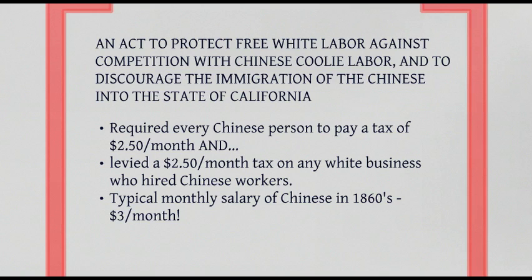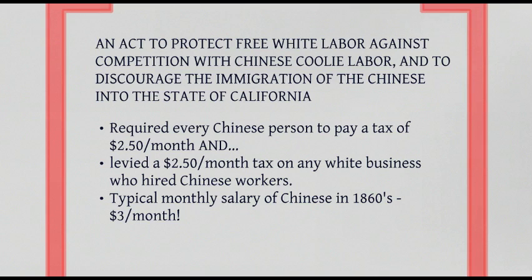So what it did, you can see here in the first 2 points, is that if you were a Chinese worker, you were forced to pay a tax of $2.50 a month. The only exceptions were if you were a worker in some industries related to agriculture, like coffee or corn or wheat or tea production and things like that.